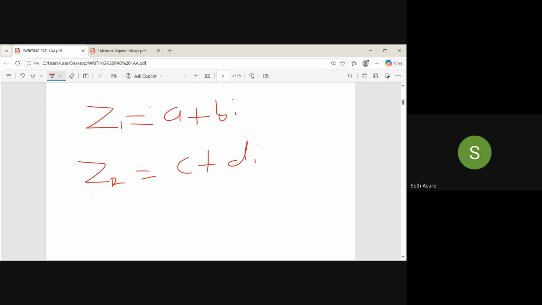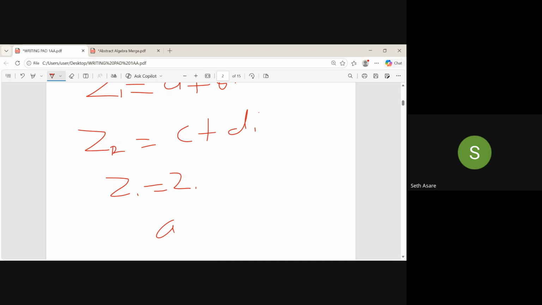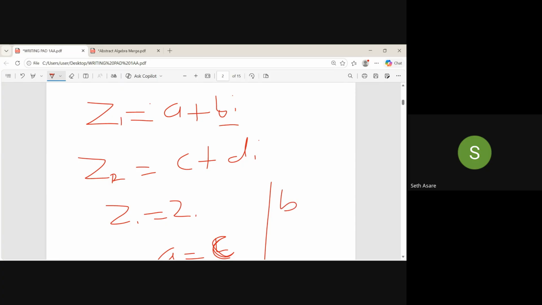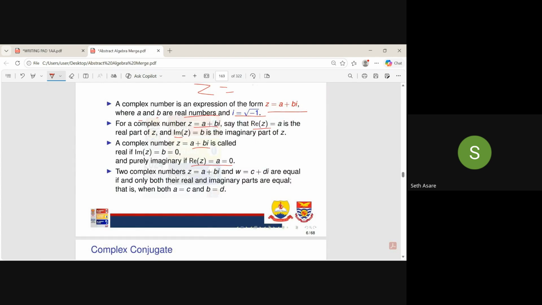We can say z1 is equal to z2 if the real part here is equal to the real part here, and also the imaginary part b is equal to the imaginary part there. So two complex numbers are equal if and only if both their real and their imaginary parts are equal.